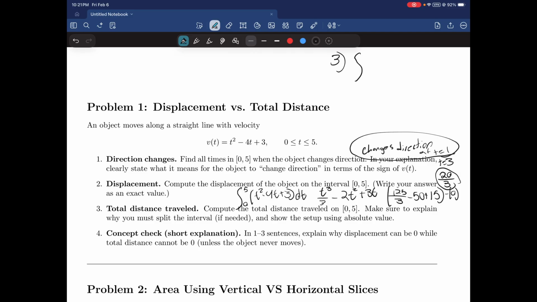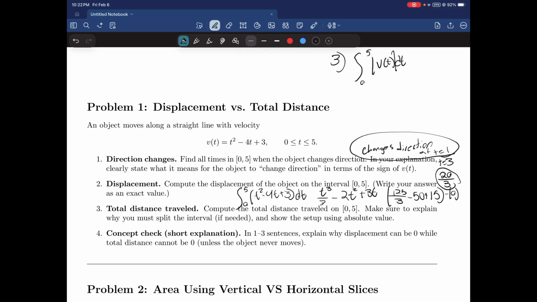So the absolute value of velocity would be speed for sure.